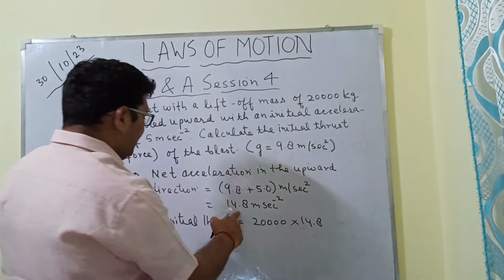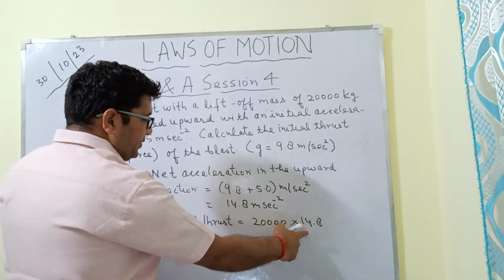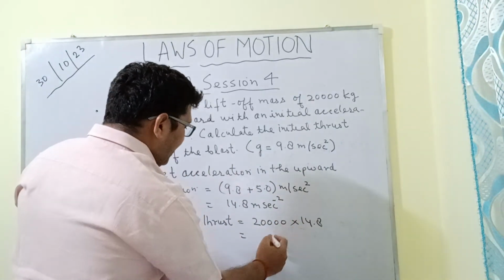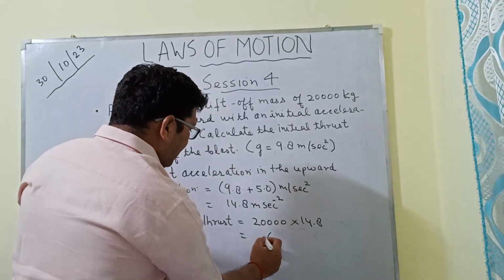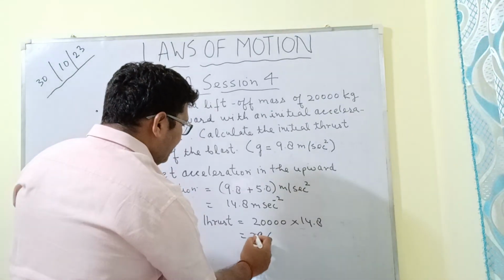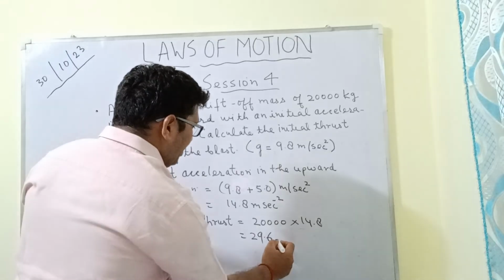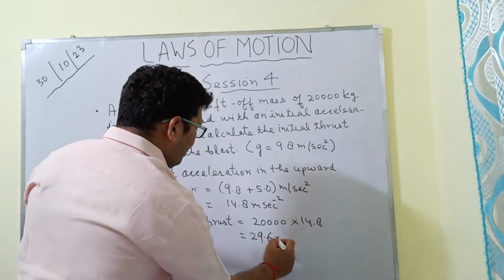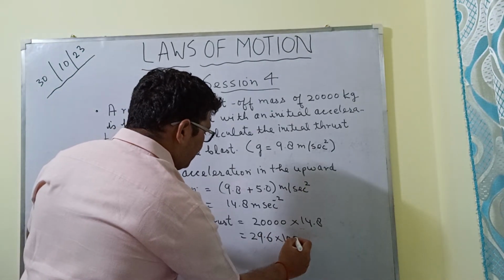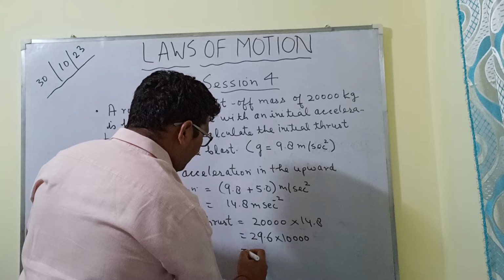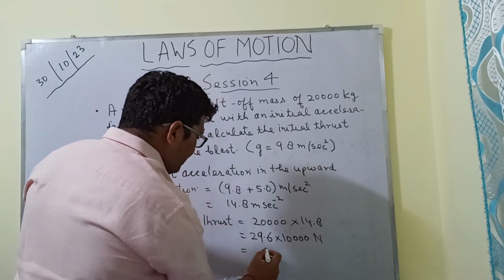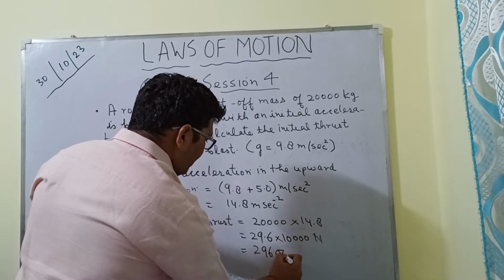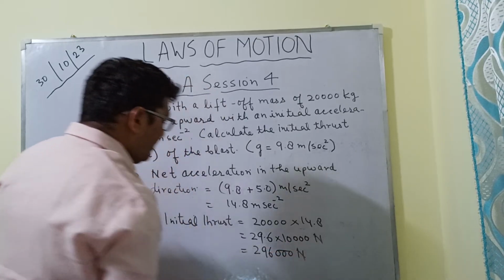If I just multiply it here, we get 29.6 into 10 to the power 4 newtons, which is equal to 296,000 newtons.